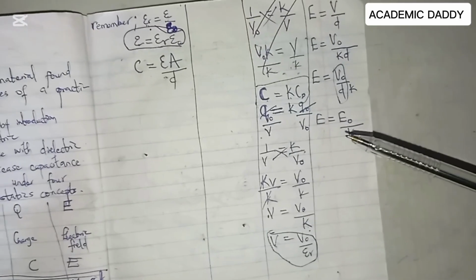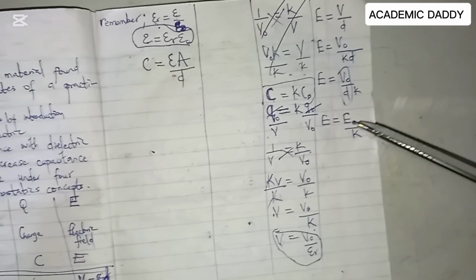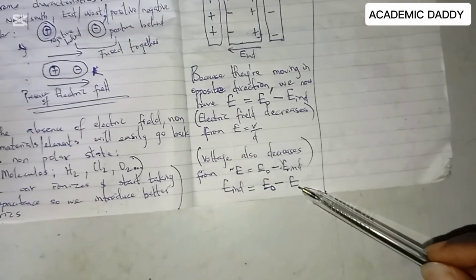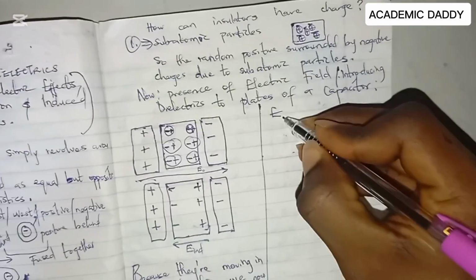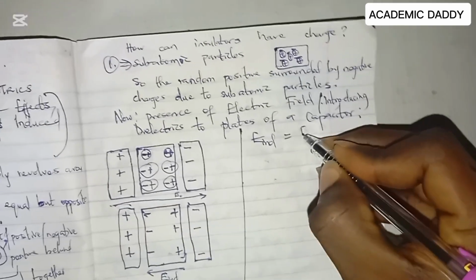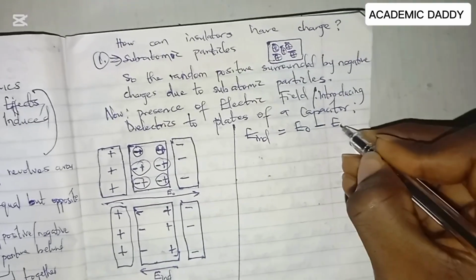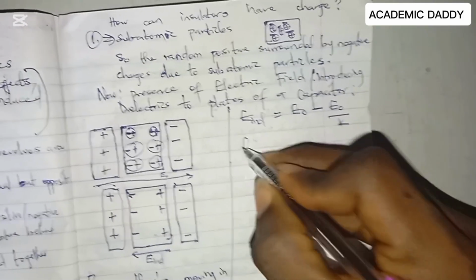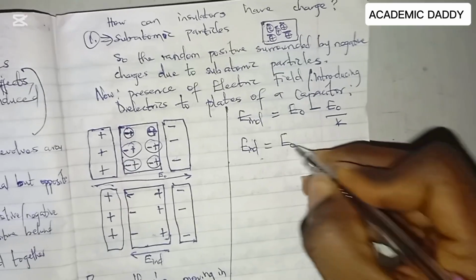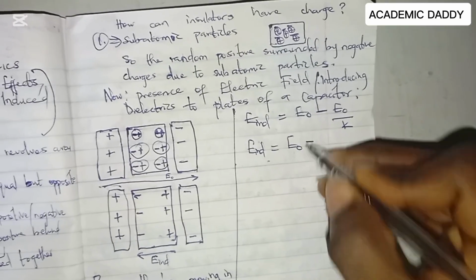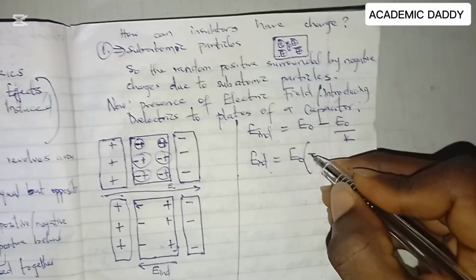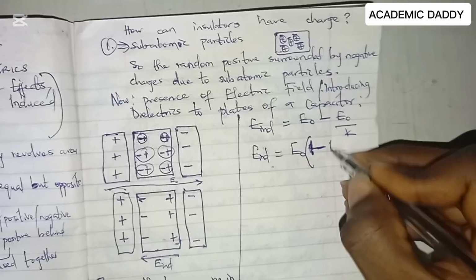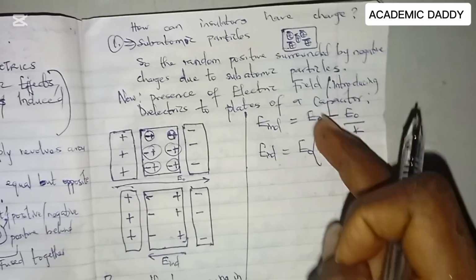So you see, when we discovered this, we said that the electric field itself is equal to E naught over K. So we can replace this electric field here with E naught over K. So we say E induced will be equal to E naught minus E naught over K. So you can make the subject of the formula so that E induced is equal to E naught, factoring out, 1 minus 1 over K.